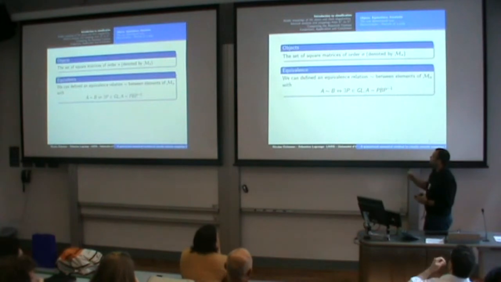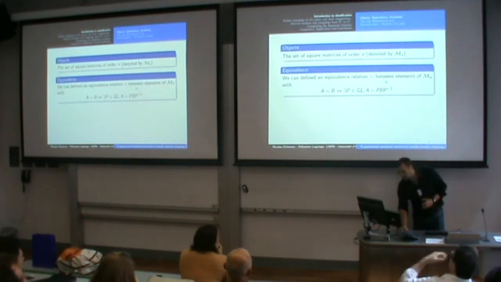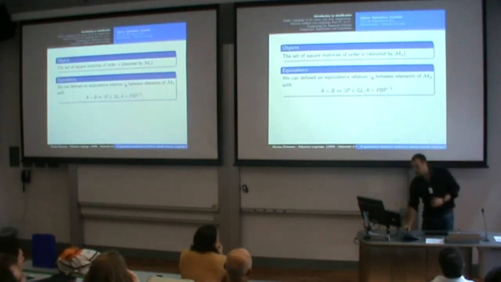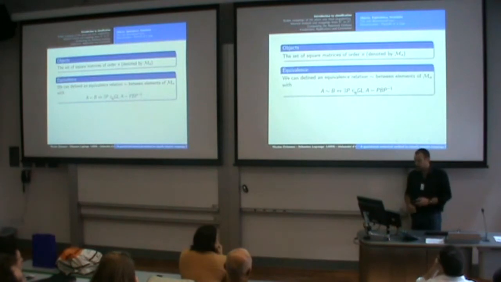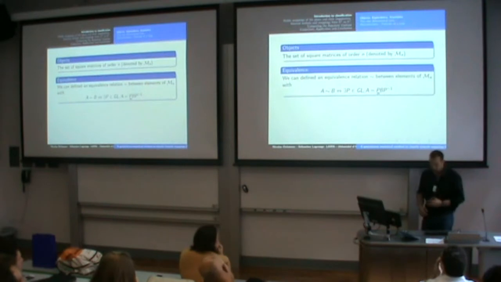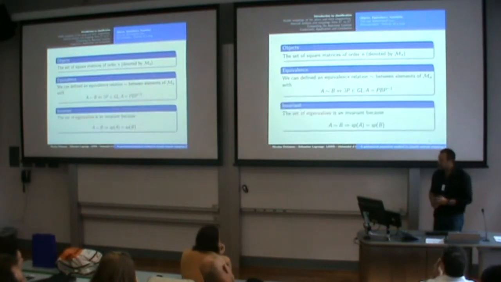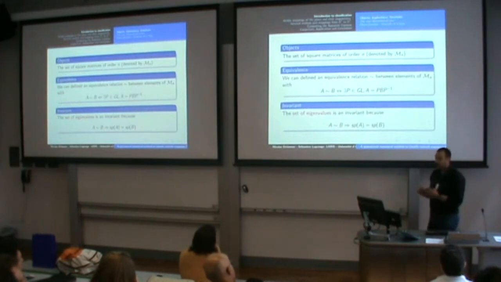We can define a relation, denoted by this symbol, between two matrices if there exists a change of variable, that is to say an invertible matrix P, such that A is equal to P times B times the inverse of P. And most of the time, to test the equivalence, we compute invariants.